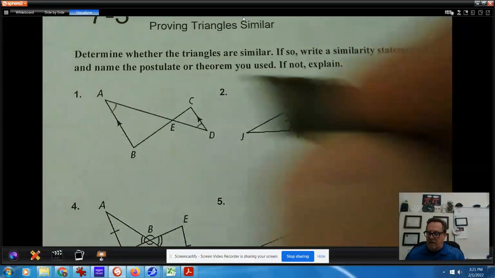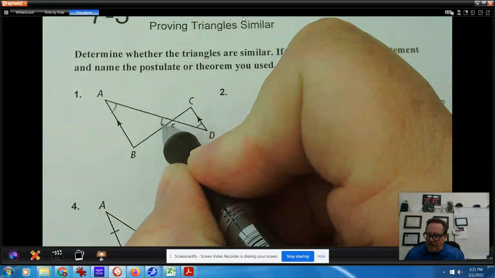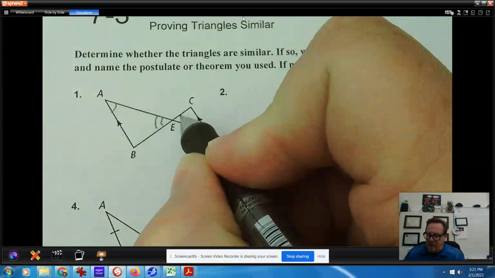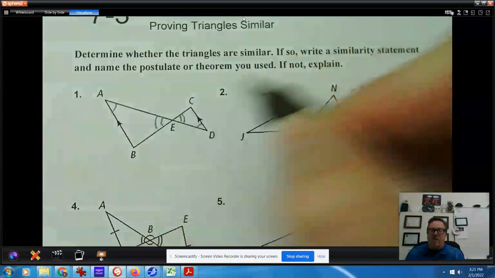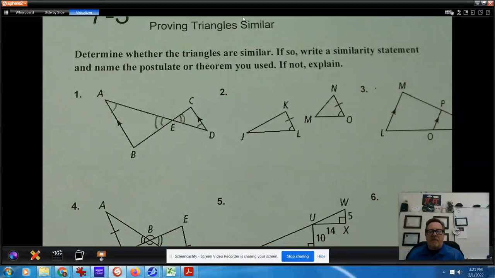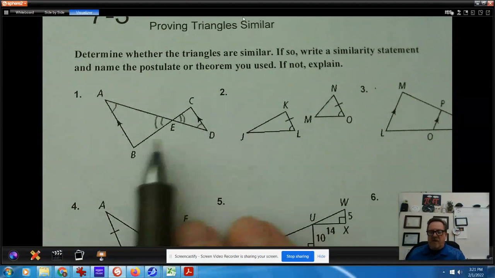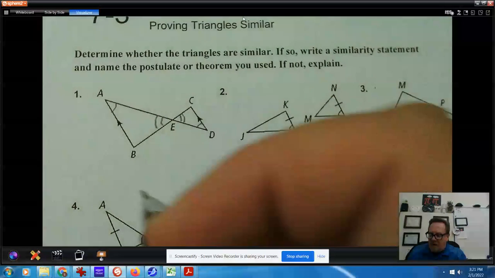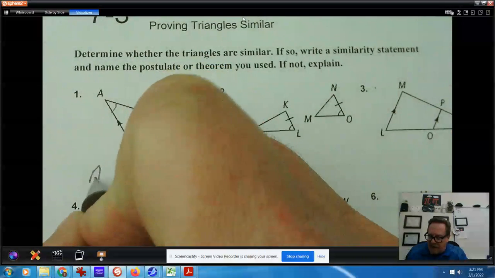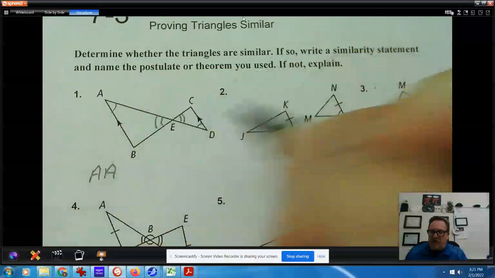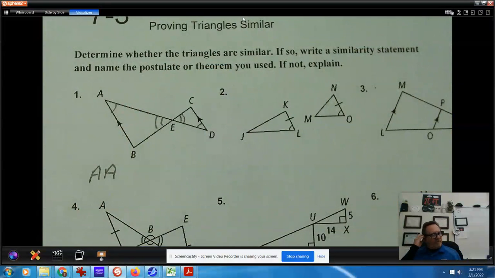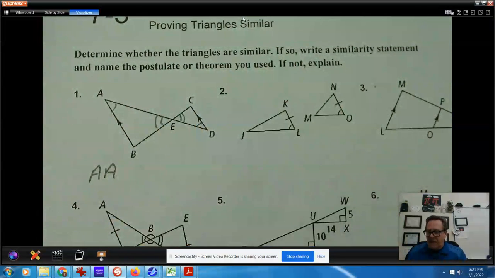And I know that this angle here and this angle here are vertical angles. And I know that vertical angles are congruent. So I could say that these two triangles are similar by the angle-angle similarity postulate, right? So I'm going to say AA.